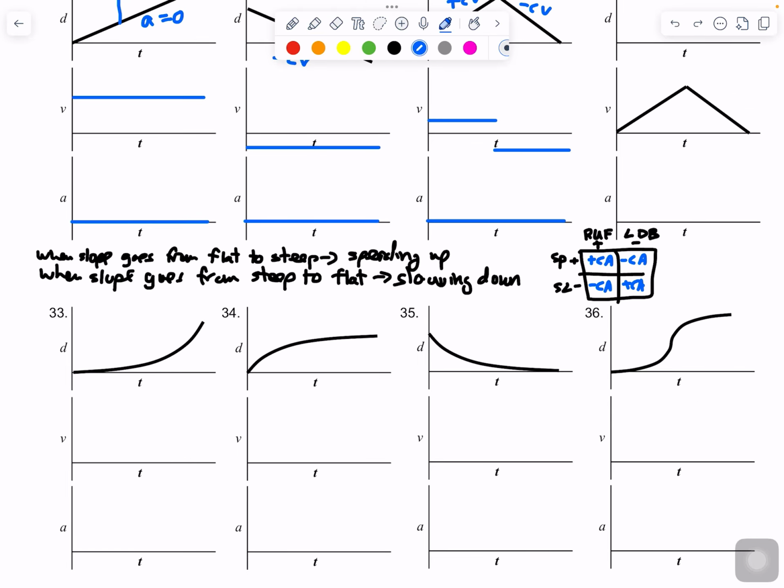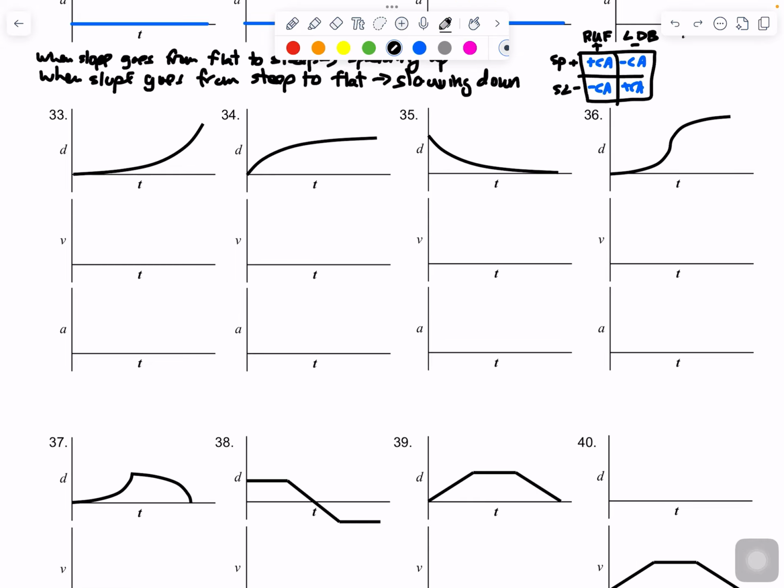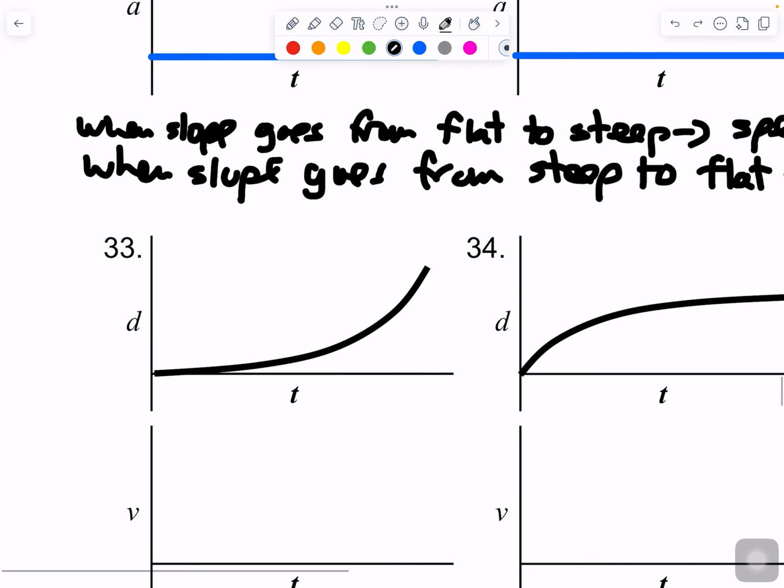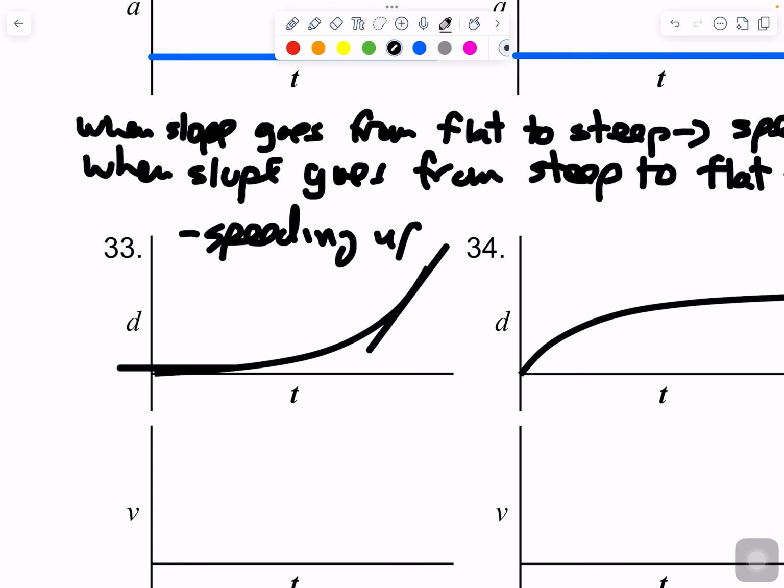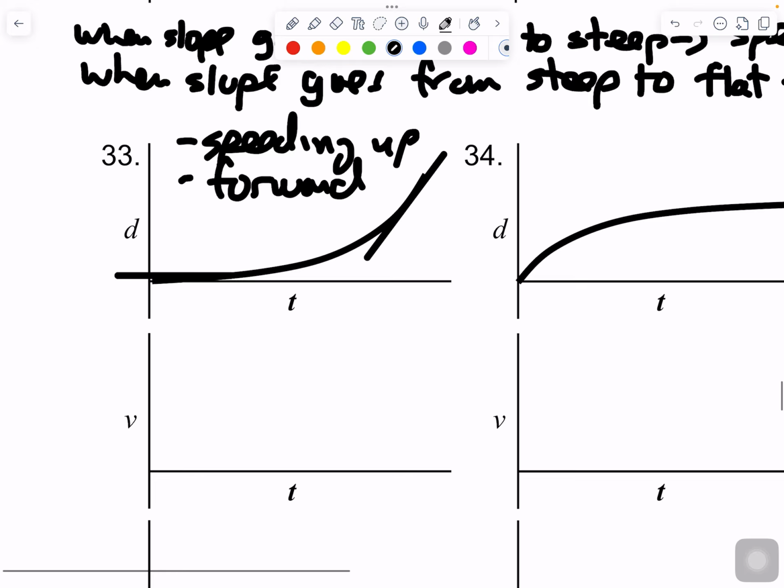All right, here we go. Let's put this together. This is showing me flat to steep. This means the object is speeding up. That's number one. And these are positive slopes. So I'm going to say speeding up going forward, meaning in a positive direction. That's what? Positive constant acceleration.